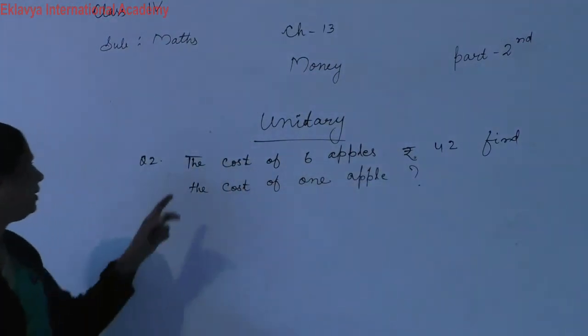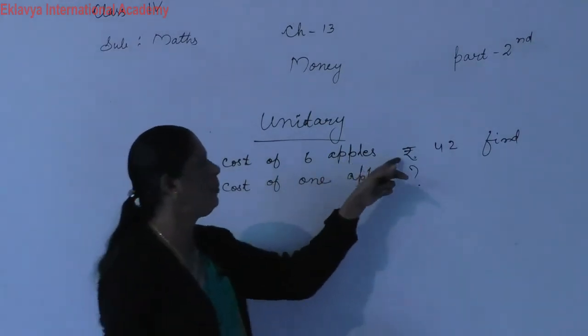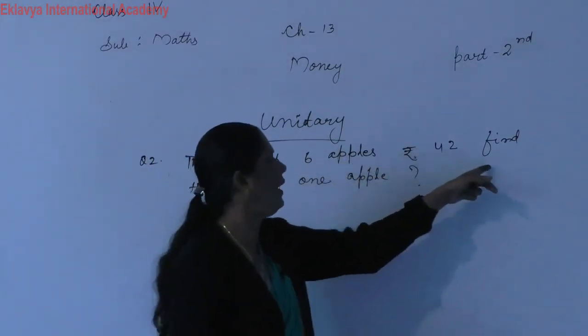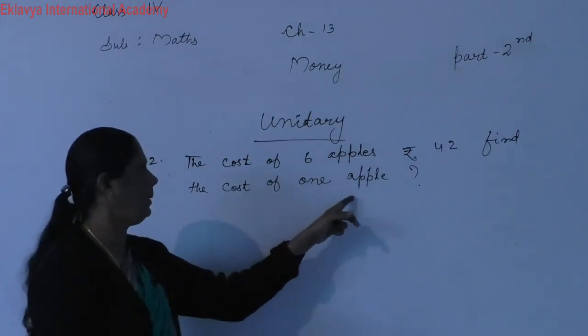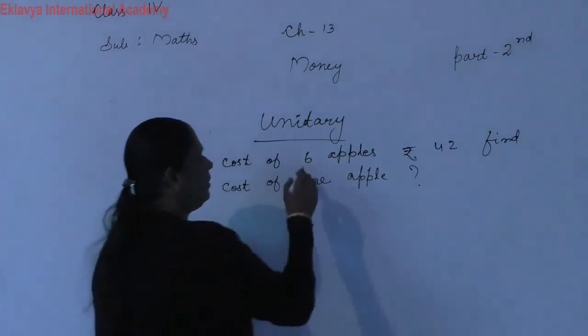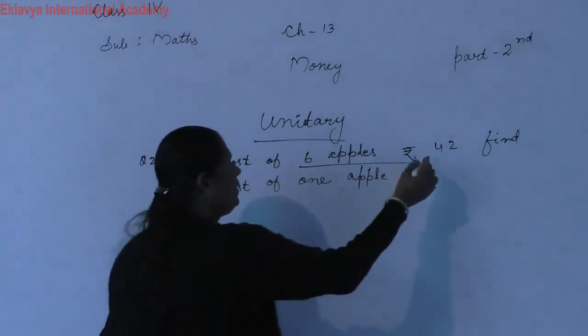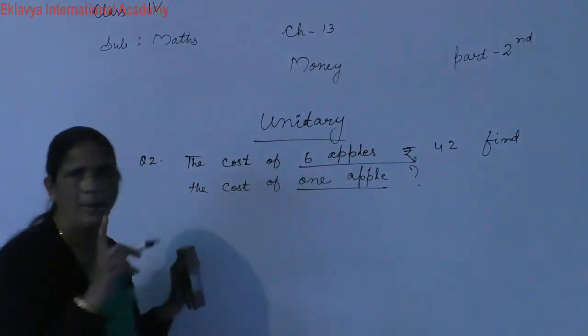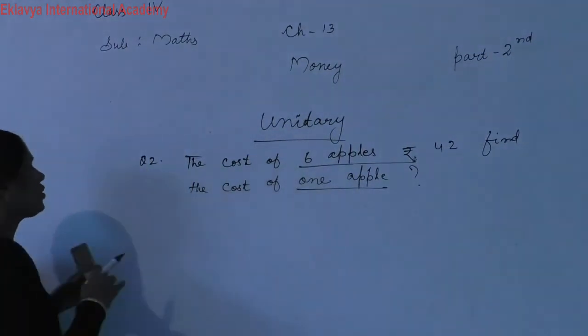Here many is given, and you find 1 apple. Six is many. This question is division.